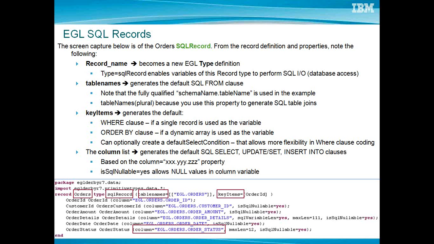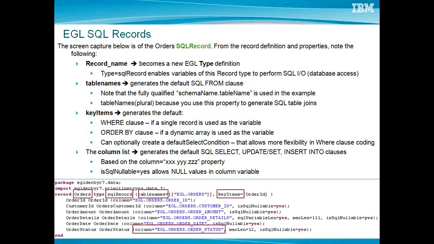If you see here, we have isSQLNullable equal to yes. So this isSQLNullable property denotes that this column is able to accept SQL null values. If this property is no, then this column will not accept null values from SQL queries. In the same way we have other properties, like the maximum length for this column, the maximum character length, or the minimum length, and some other properties.